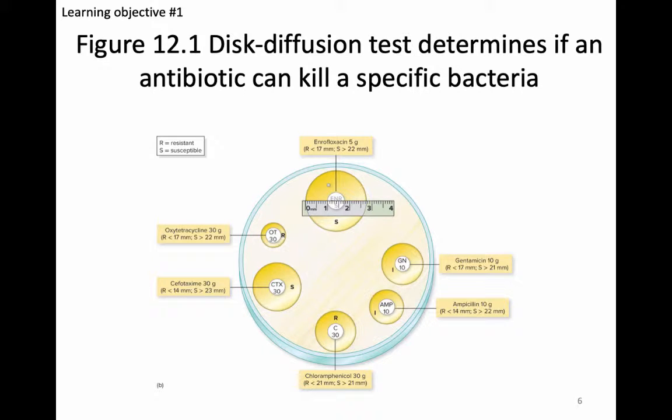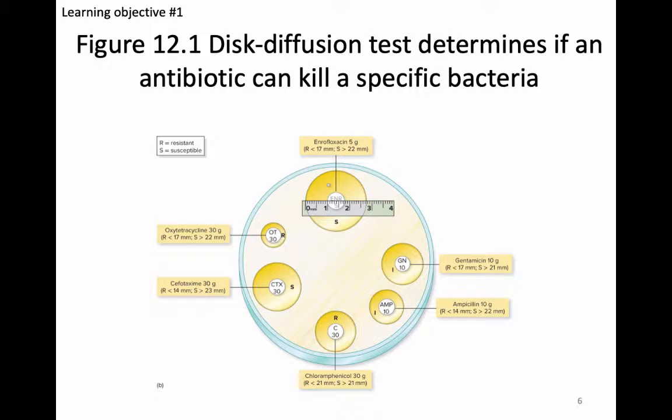In order to quantify the Kirby-Bauer disc, after it's incubated for 24 hours, you would take it out of the incubator, which would be set at a temperature at which the bacteria ideally grows. And you would look around all of the discs and try to see if there is a zone of clearing. In this drawing of a Kirby-Bauer plate, the zone of clearing is drawn as the yellow circle.